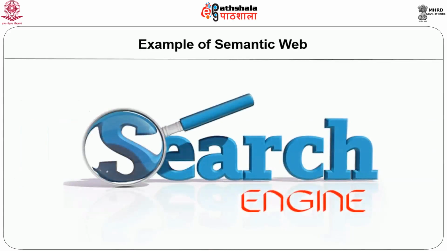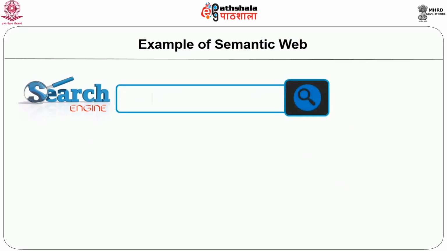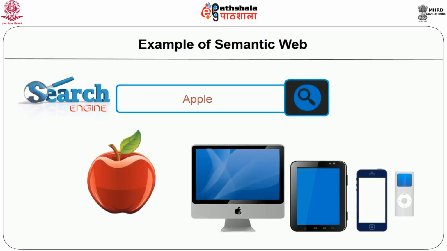One example I want to tell you: suppose you take a search engine and type Apple in the search box. Now what did the user intend to know about Apple? The user may want data about the fruit apple or the company Apple. Apple is a very well-known company: iPad, iPhone, all this.